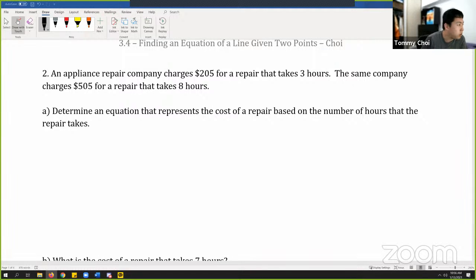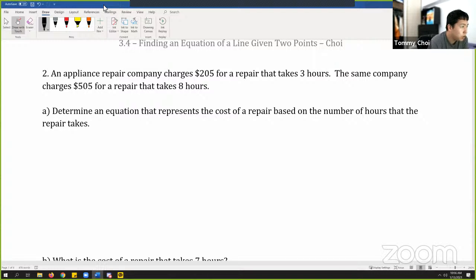So let's try these. Question 2. An appliance repair company charges $205 for a repair that takes 3 hours. The same company charges $505 for a repair that takes 8 hours. Determine an equation that represents the cost of a repair based on the number of hours that the repair takes.